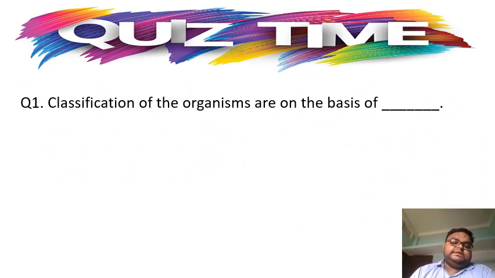Students, now this is a quiz for you. Read the question very carefully. The question is: the classification of organisms is based on what? I am giving you 10 seconds to think about this question and then I will ask the answer. Right.